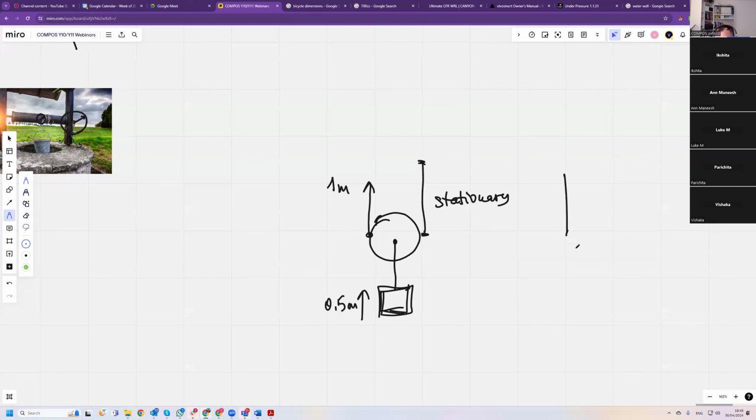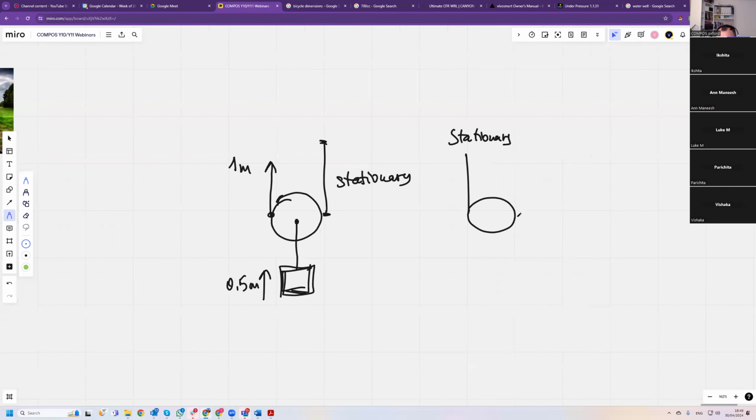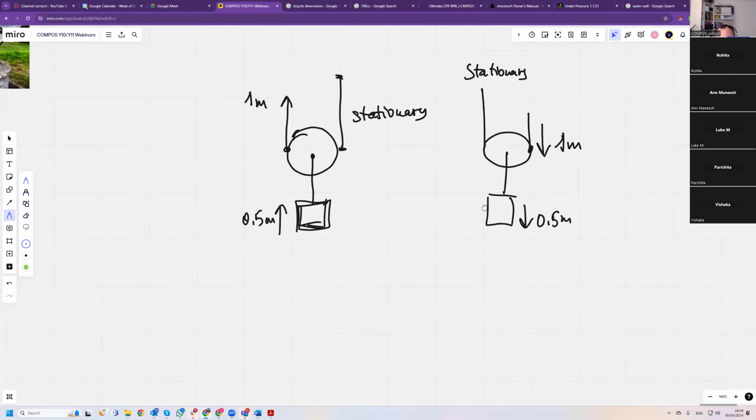Now, if this rope was stationary and this side of the rope moves down by 1 meter, the central thing would move down by 0.5 meters.